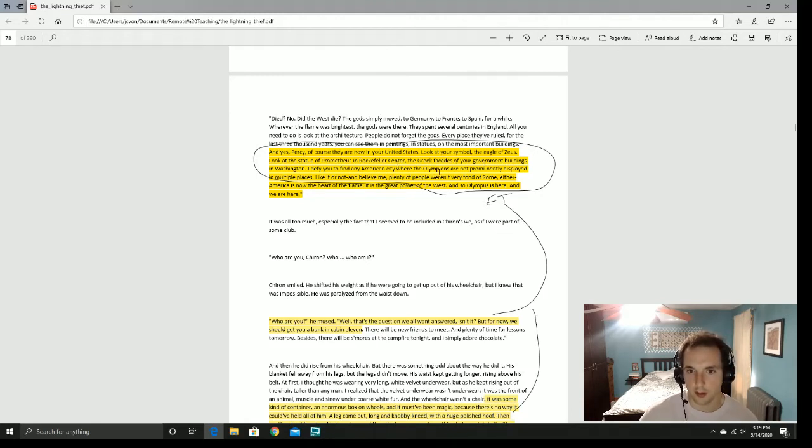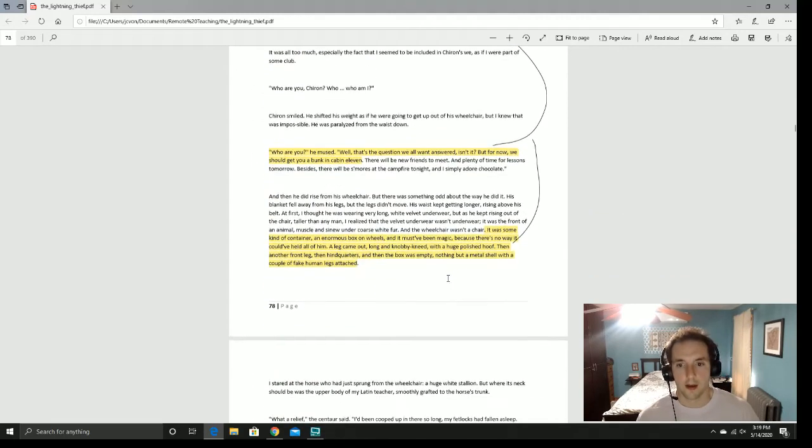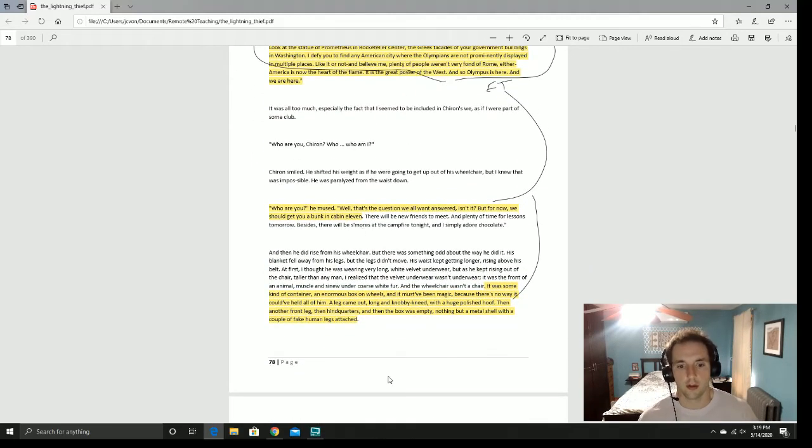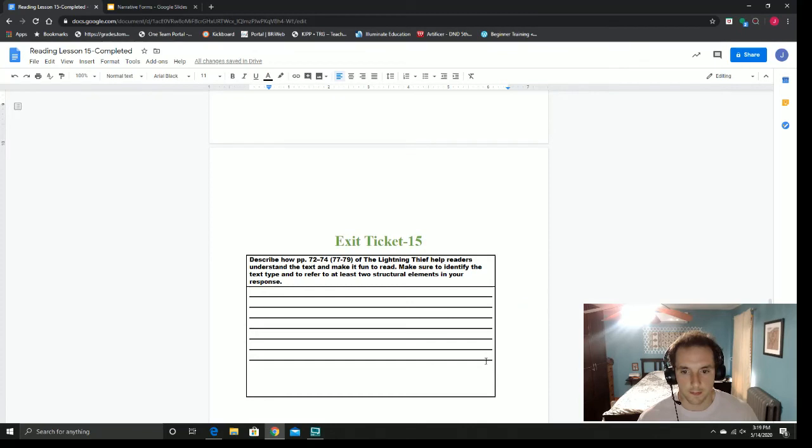And so that's one of the structural elements of how the setting, this time and place, helps us enjoy the story. Okay. And then another part, well, actually, let me write that part out first, and then I'll do the second part, because it wants to include 2 structural elements. Okay.